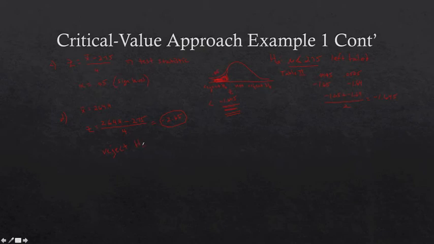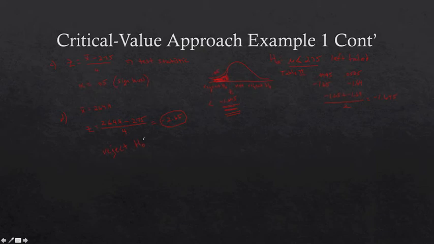So how much is too much less than 275? Well, once you change it to a z-score, less than negative 1.645 is too much less than 275. Once we've changed it to a z-score, that is.